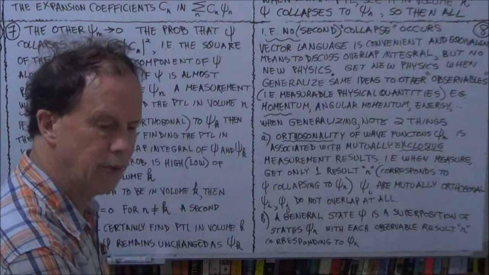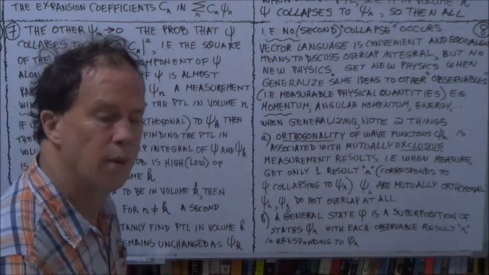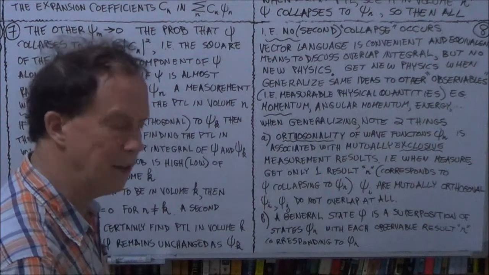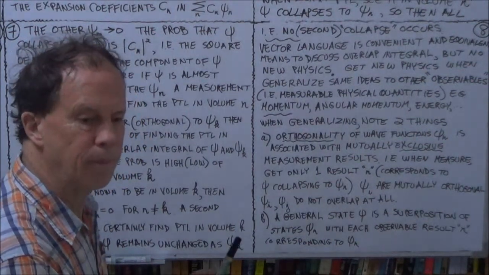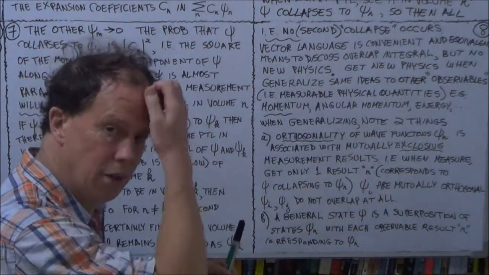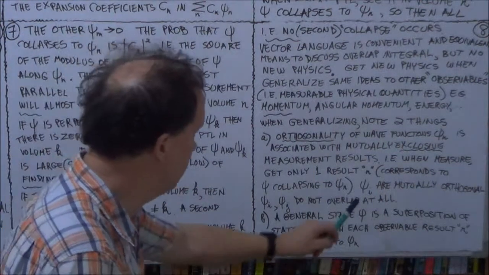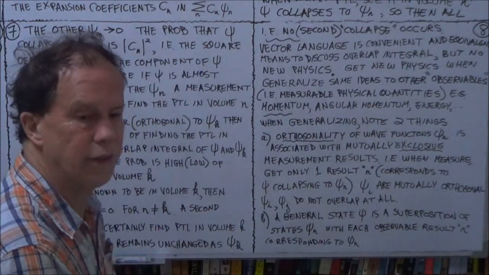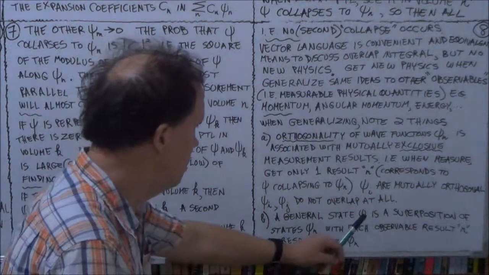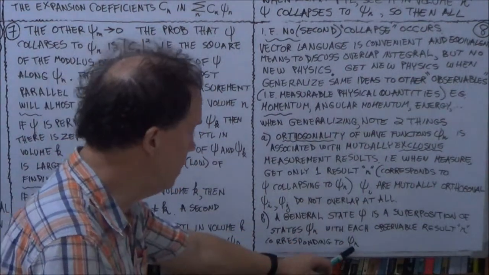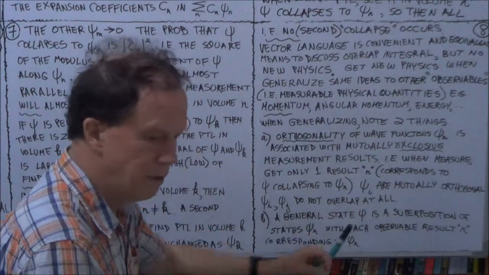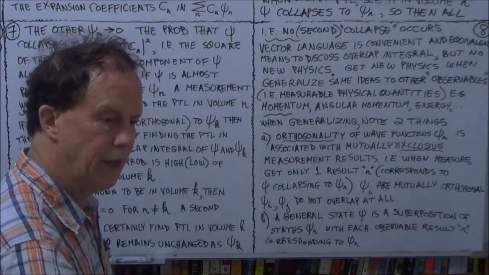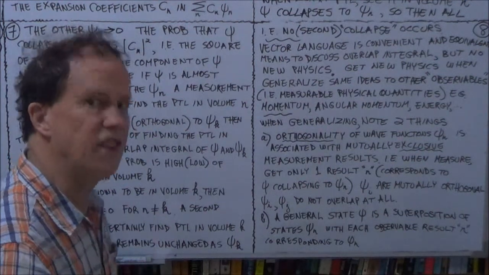So if you get a measurement value that takes the nth possible value, when you have a discrete set of measurement values, the state that the generalized state psi will collapse into is psi n. In general, your psi is a superposition of these psi n's, and these psi n's are the wave functions that correspond to the state of your quantum system that gives you the nth measurement value.